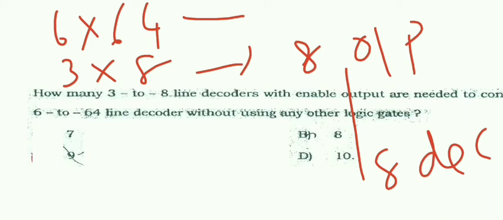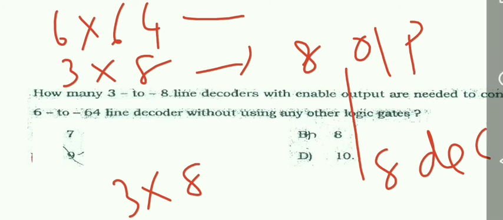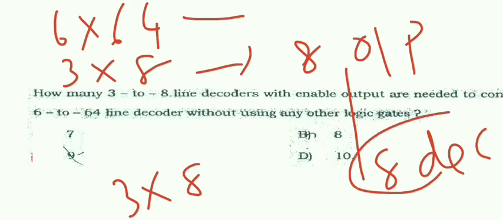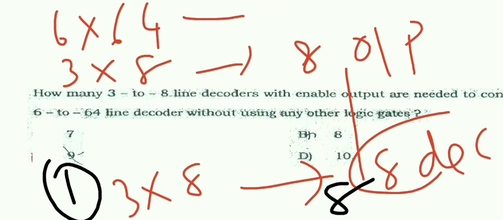But to enable these 8 decoders as per the given input, I need one more 3 by 8 decoder. Yes or no? Because these 8 decoders must also be enabled, right? That is enabled by one 3 by 8 decoder. So how many decoders do I need? This is 1 and this is 8. So totally I need 9 decoders.